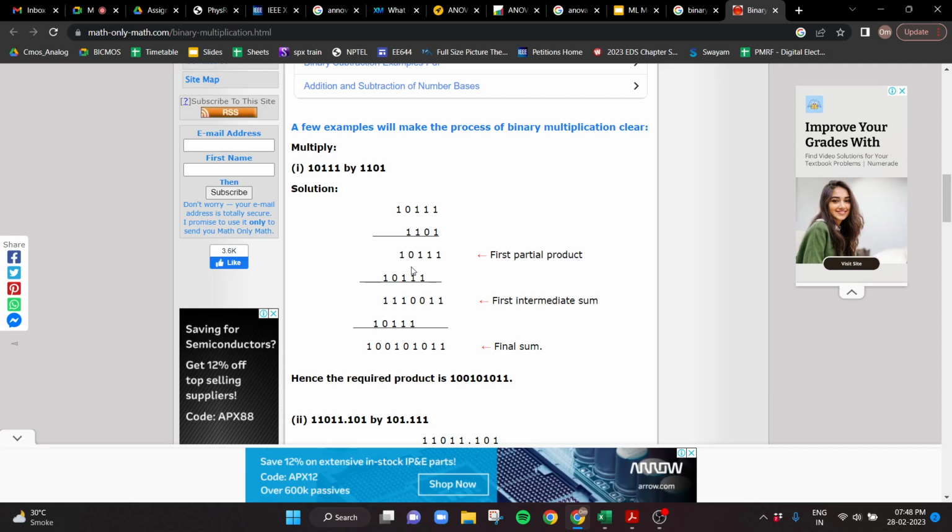Multiply this by all this, so it will be just 11101. Then leave this space here. Then 00000, 11101, 11101. What we get is 110100001.